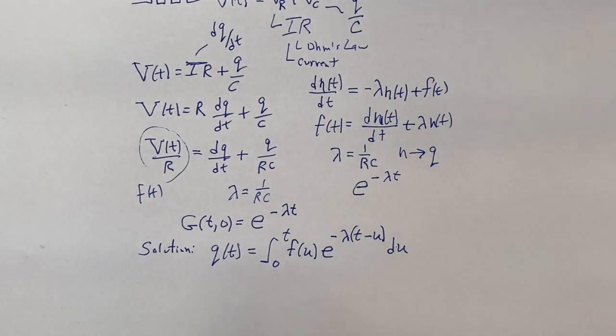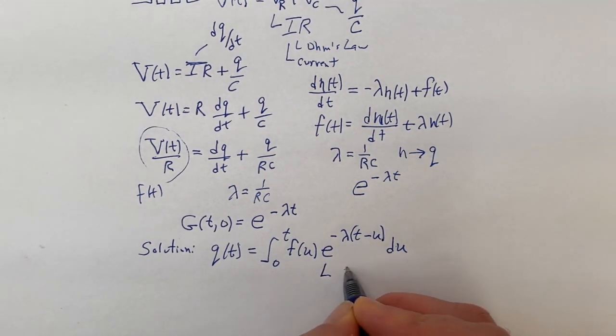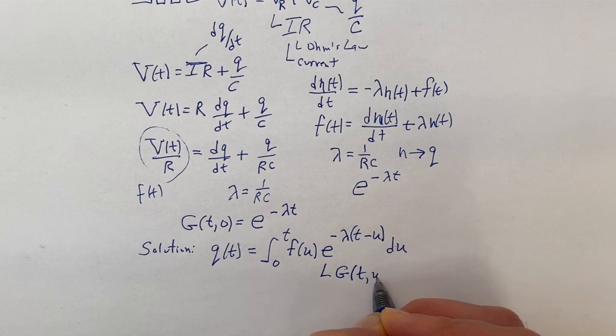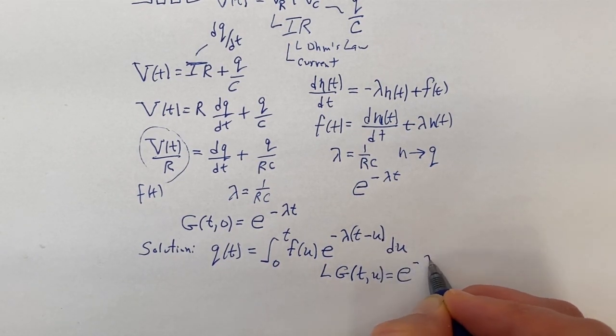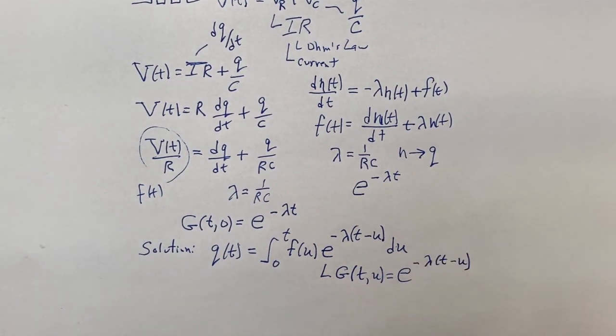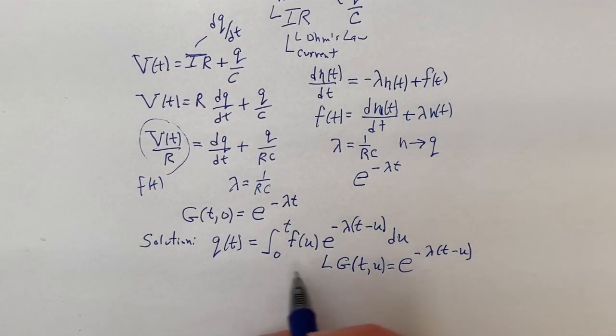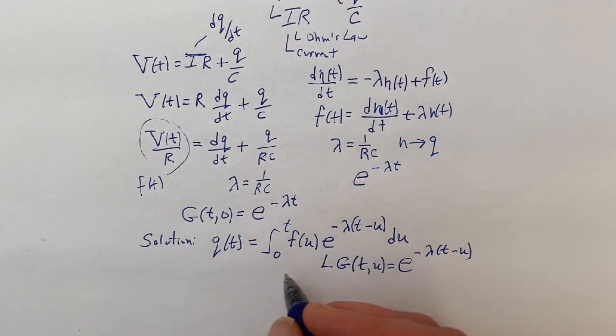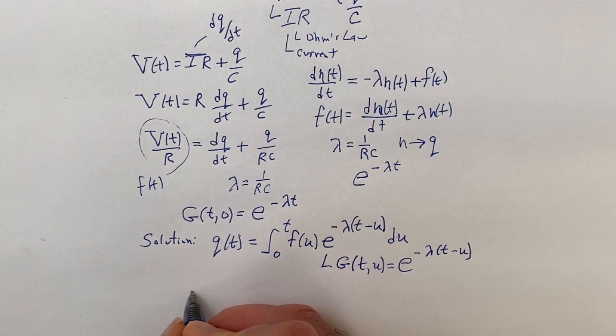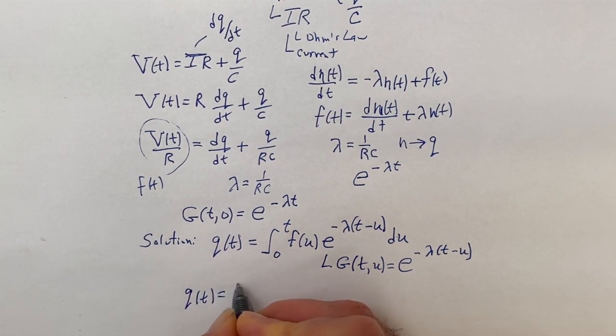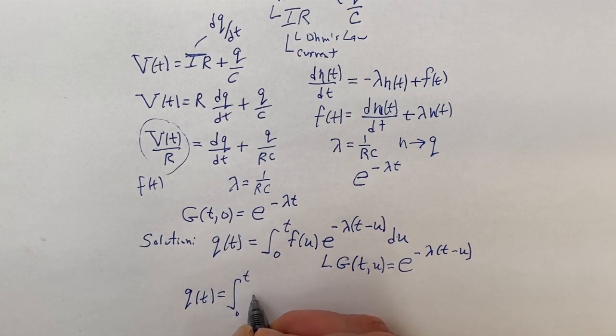Here the dumping is putting charge on that capacitor, by analogous treatment to the dumping of the radioactive waste. So this is the shifted Green's function, the general form: e to the minus lambda t minus u. Use a time variable that we're going to integrate from the past up to the present time. So that's our solution, and here q of t would be from 0 to t.